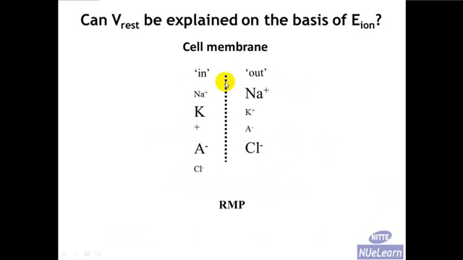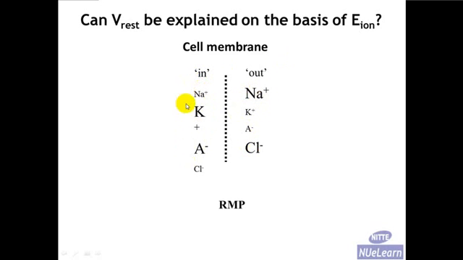Now, look at this simple representation of a semi-permeable cell membrane. This is the inside of the cell, this is the outside of the cell. The inside of the cell has large concentrations of potassium ions, smaller concentrations of potassium ions on the outside, whereas there is much more sodium in the ECF, that is outside the cell membrane, compared to inside the cell in the intracellular fluid, ICF.